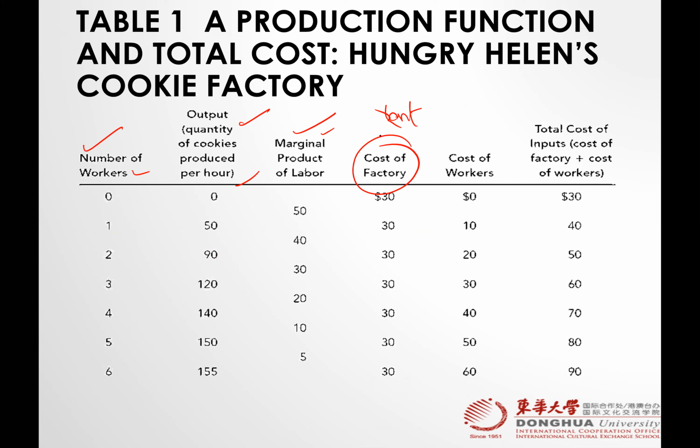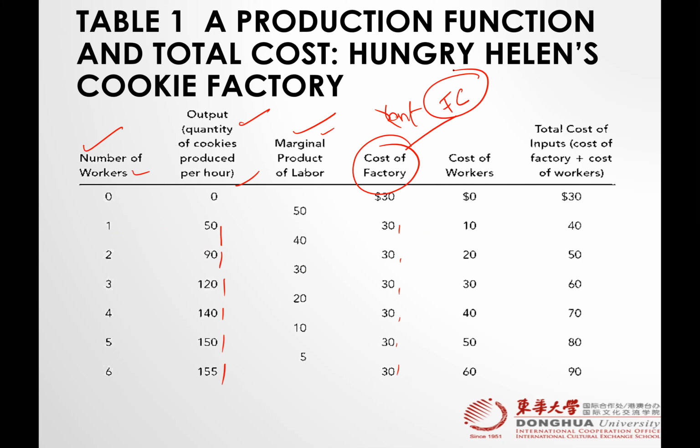For example, the rent is 30, 30, 30, 30, 30, right? So you see here, whether they produce 50, 90, 120, 140, 150, or 155, the cost of the factory is the same. So we call this the fixed cost.